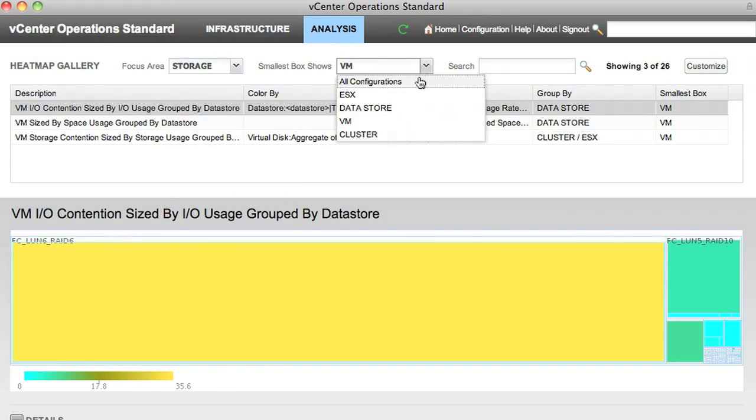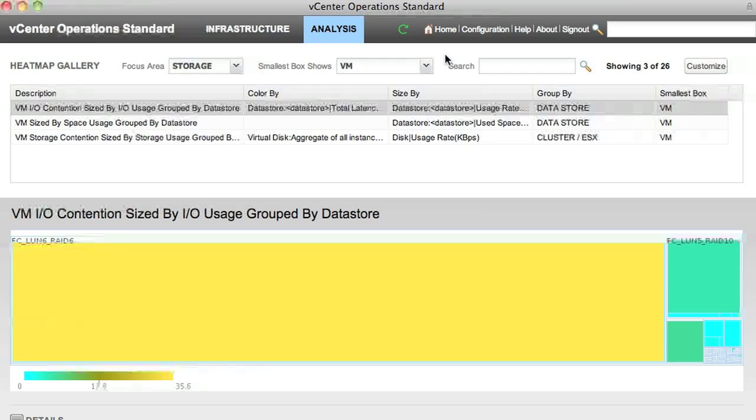You can then break it down either by ESX host, by data store, by VM. So this view gives you an amazing visibility into your data center, allowing you to quickly triage and identify who your heavy users are and where you should be paying attention.